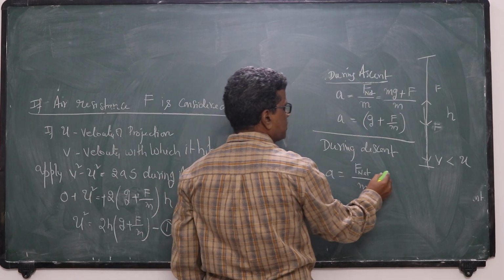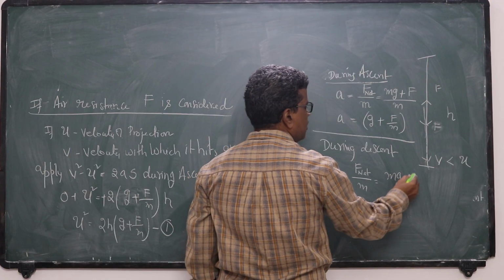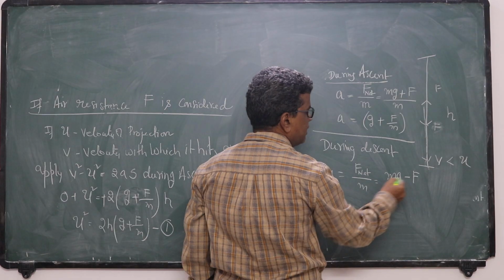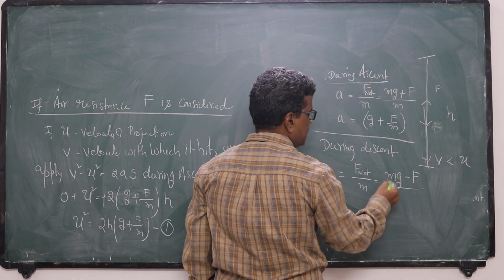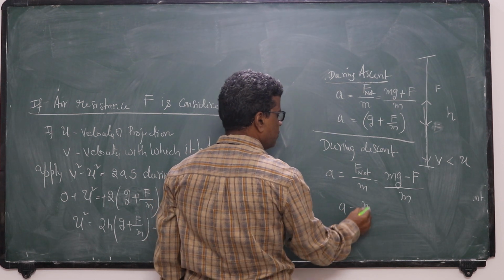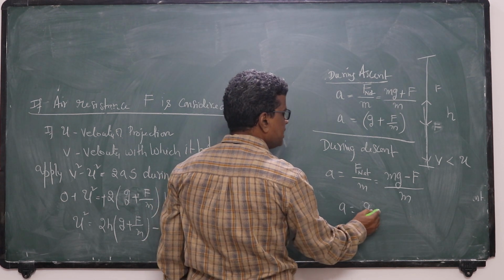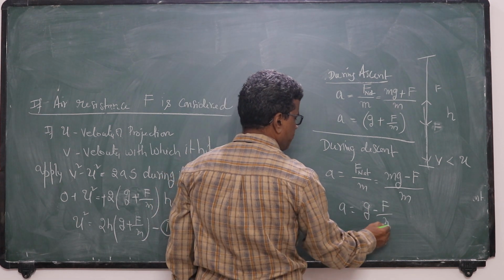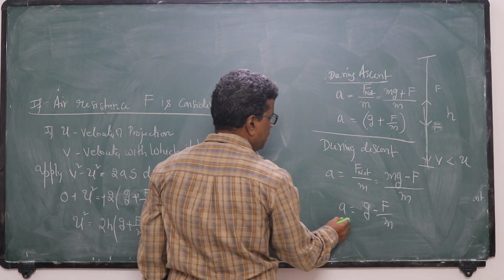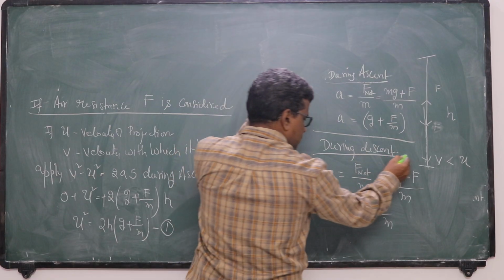What is the net force? mg is acting down, air force acting upwards. So net is mg minus F by m. So a is equal to g minus F by m. This is the acceleration during descent.